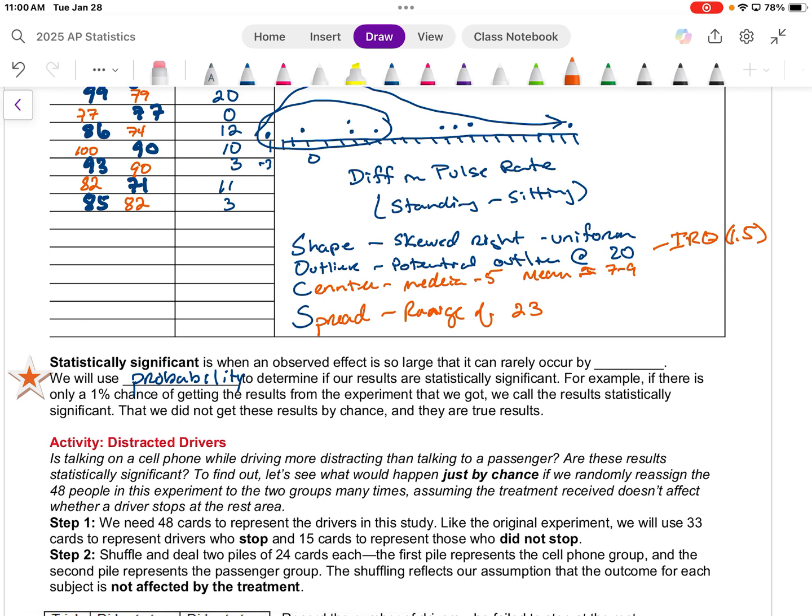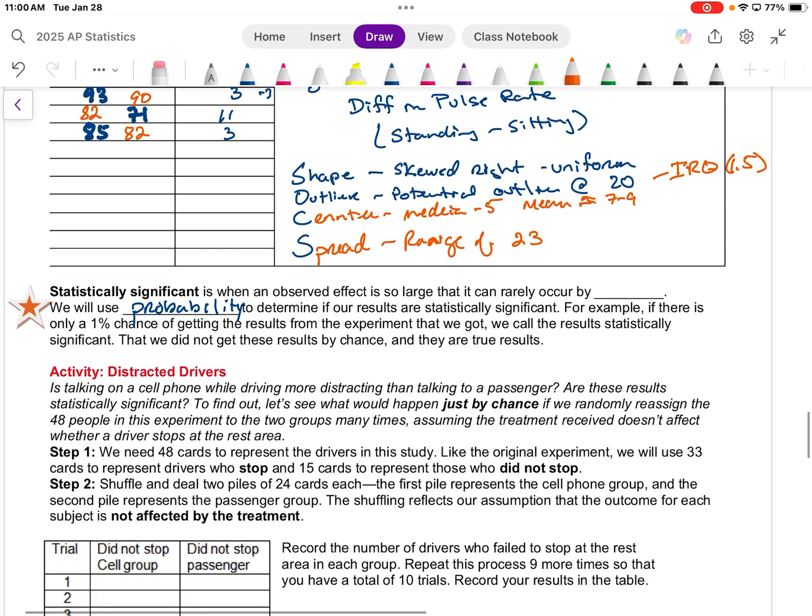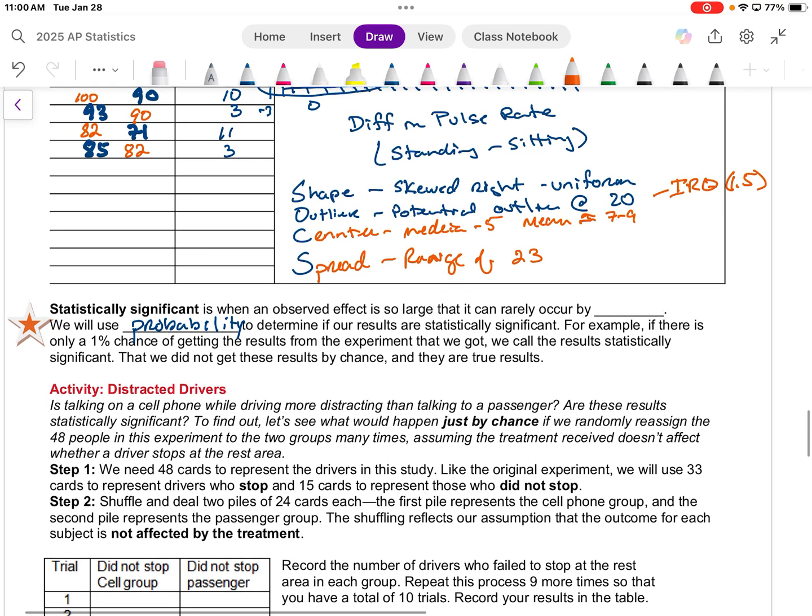Now, statistically significant, and we're going to see that term come up quite often in our course. It's statistically significant when an observed effect is so large that it can really rarely occur by chance. Mr. Stevens forgot to fill in that one.